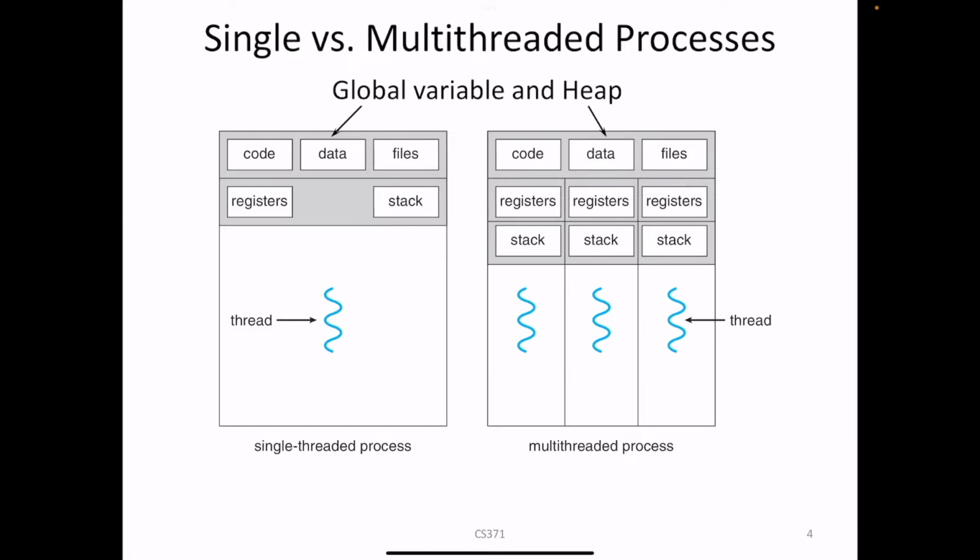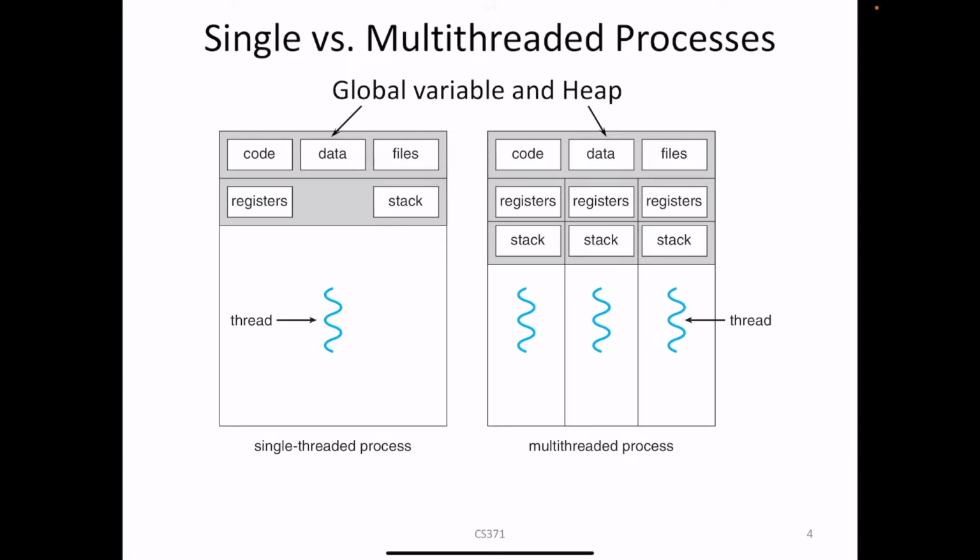So here you can see the clear boundary. The code, data, files, and heap belong to the process. The registers, program counter, and stack belong to the single thread. That's why the single process can be deemed a single-thread process.